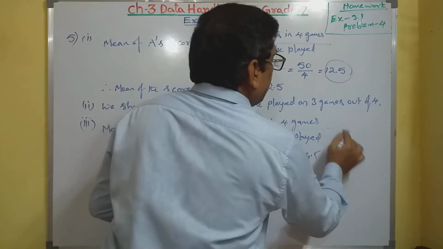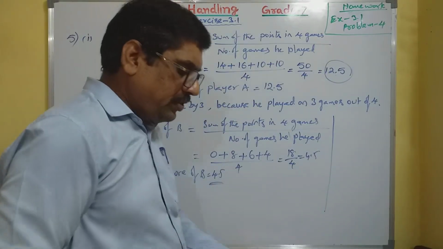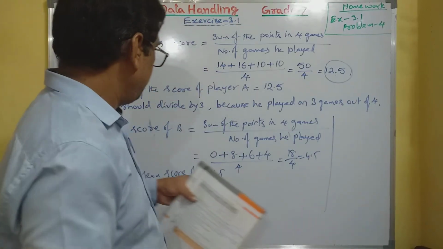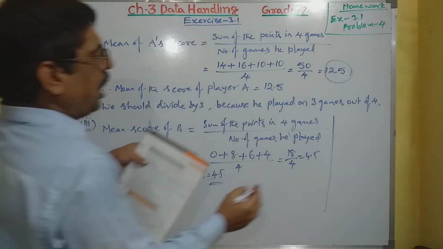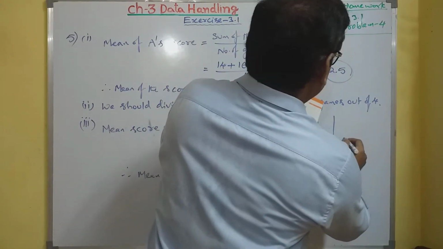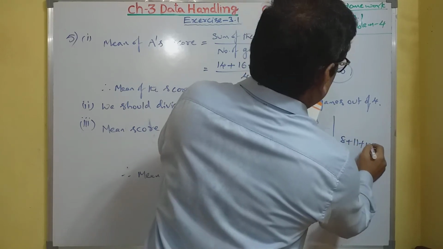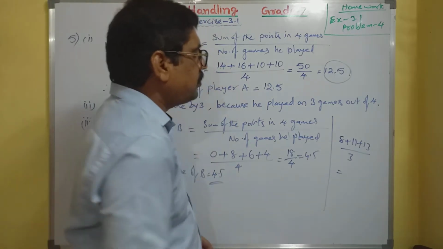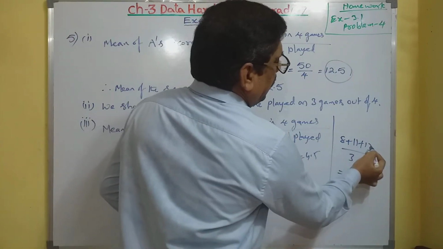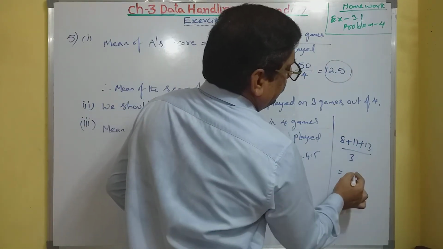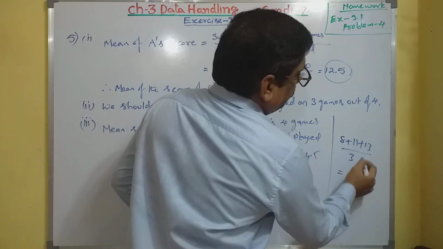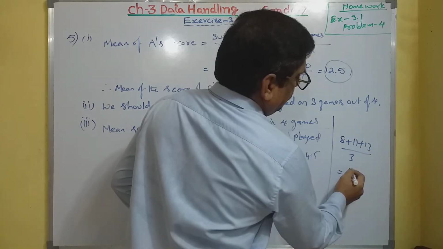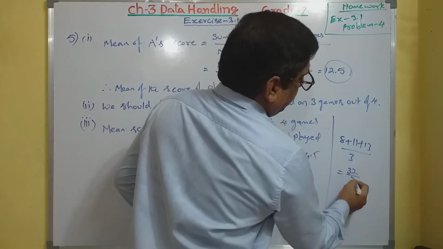So let us do it in the rough work. What is the average of C? Okay, so the average score of C is 8 plus 11 plus 13 by 3. So he played only 3 games. Now 8 plus 11, 19. 19 plus 13, 32 by 3.